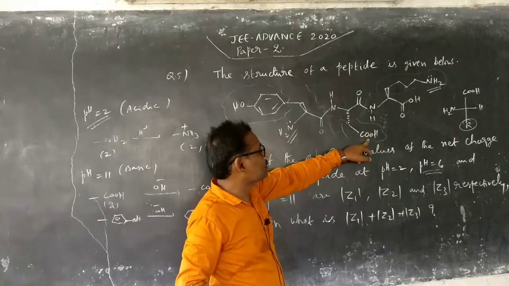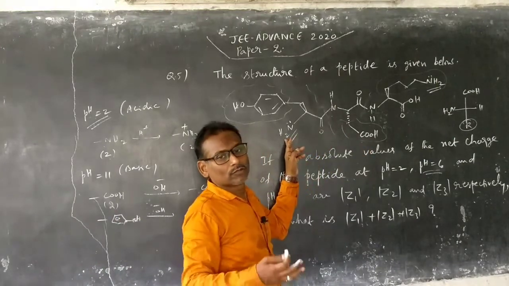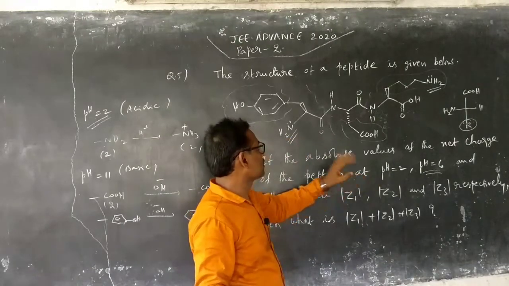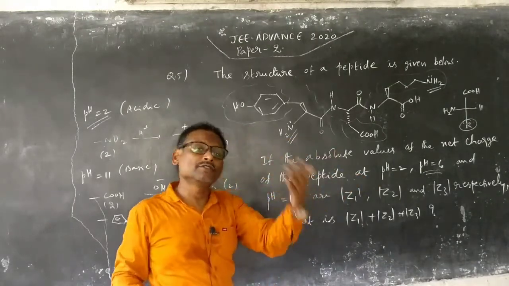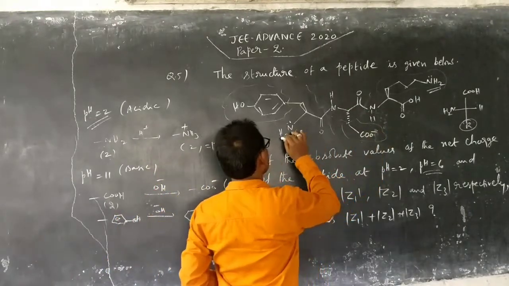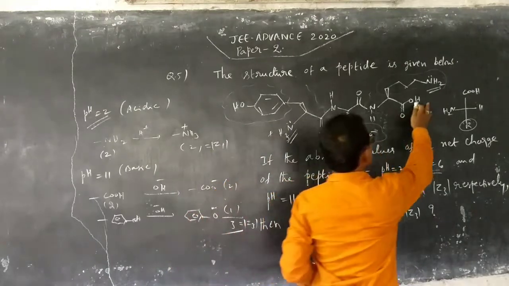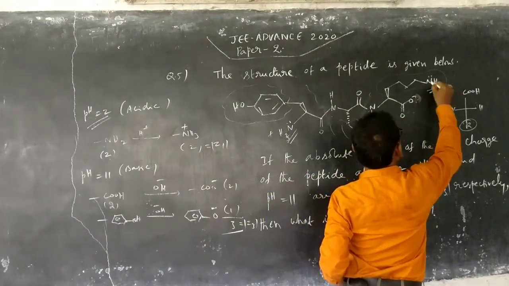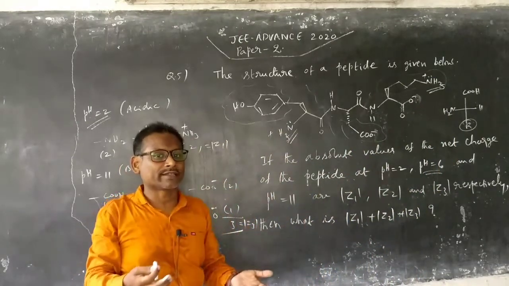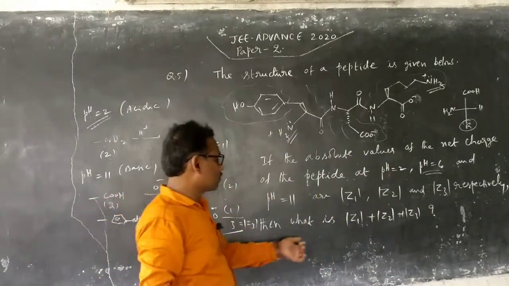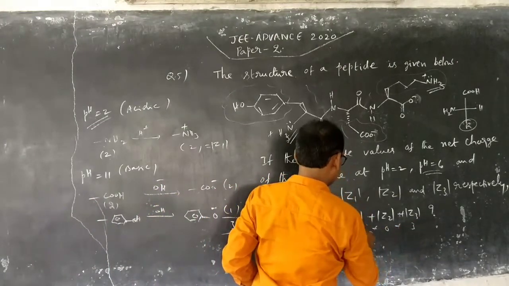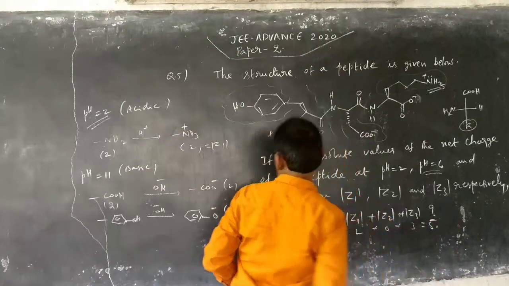That means one gets a negative charge and the other a positive charge, so the overall charge will be 0. At pH 6 the net charge is 0, because this gets COO minus and this gets NH3+, and the same for the other group, so the overall charge is 0. It forms a zwitterion like that. So Z2 is equal to 0, Z3 is 3 units and Z1 is 2 units, so the answer is 5.